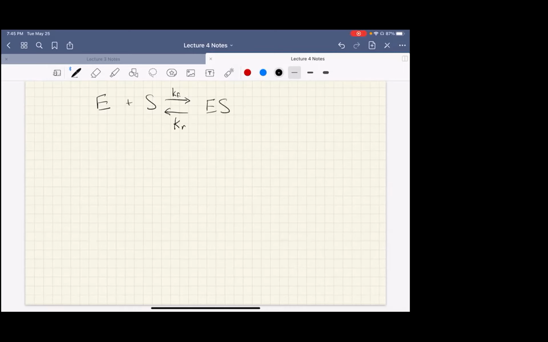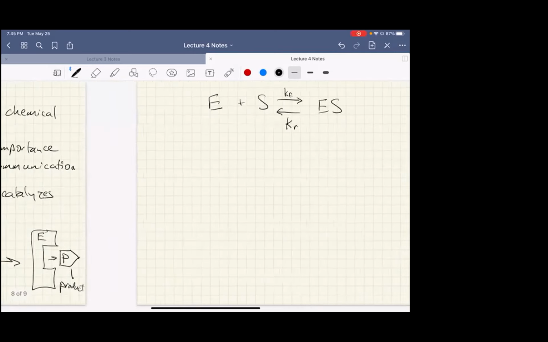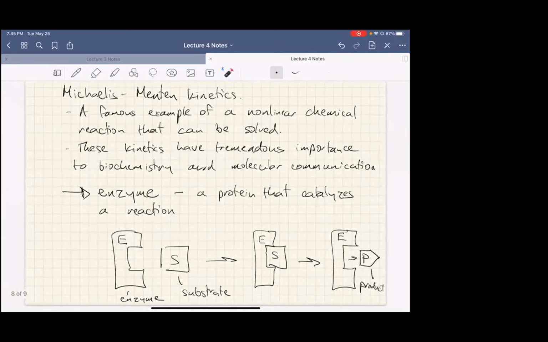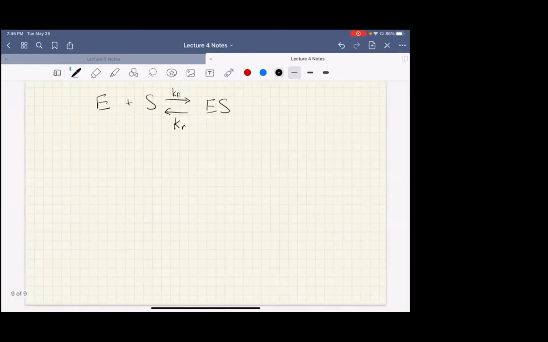So this is so far just a synthesis, and that is the part of the reaction where they get together. So that's from here to here. But then there's a further escape from the product where I get back my enzyme, but the now modified product.